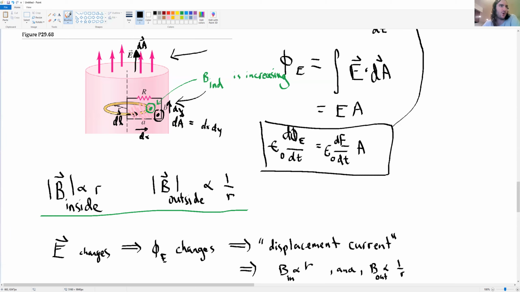We have a rectangle, right? We don't have a loop here. So a rectangle. So dx dy, and then it's in the z hat direction. Remember the area vector. Let's take out of the board to be the z hat direction here, right? So x cross y is positive z. So dx dy times z hat for the area vector.